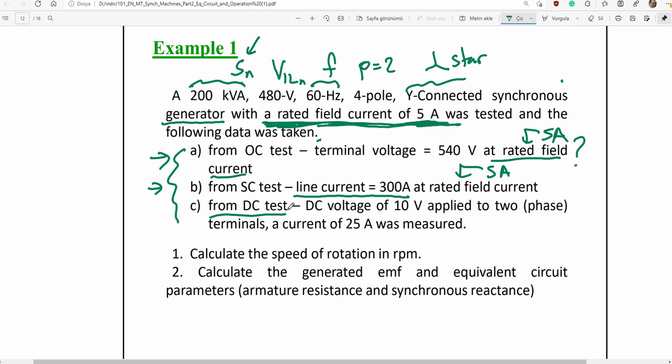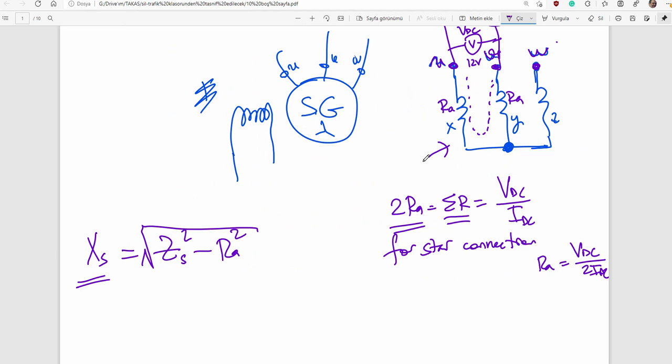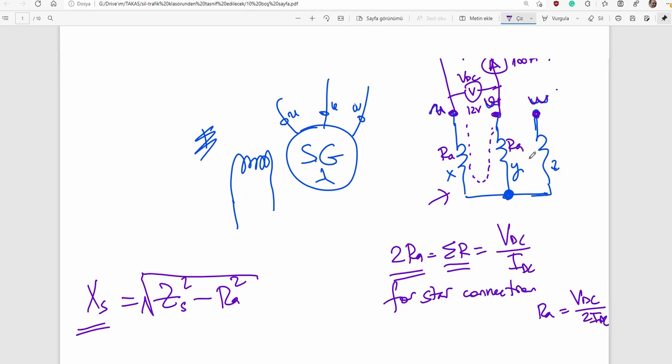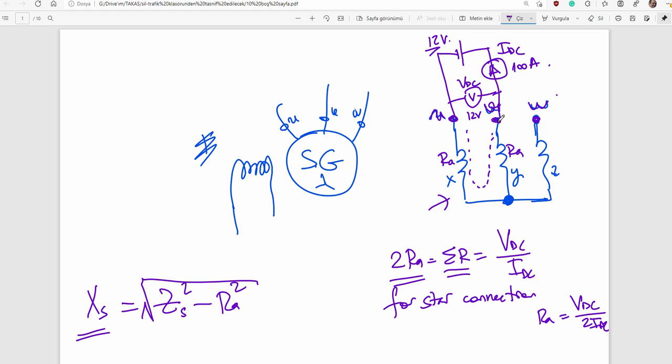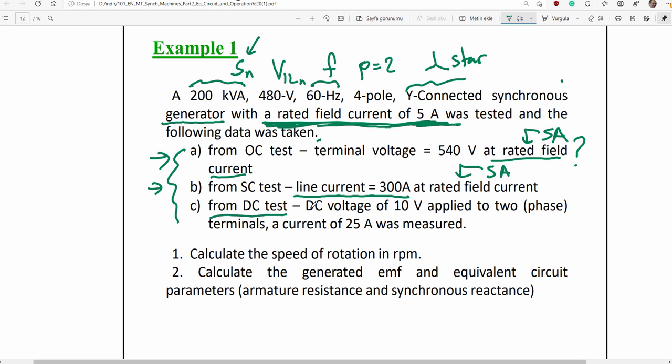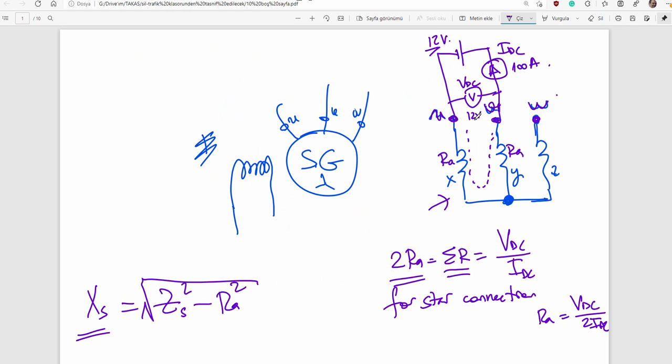From DC test, I have previously explained, a DC voltage of 10 volts was applied across two-phase terminals, just like we have done here.